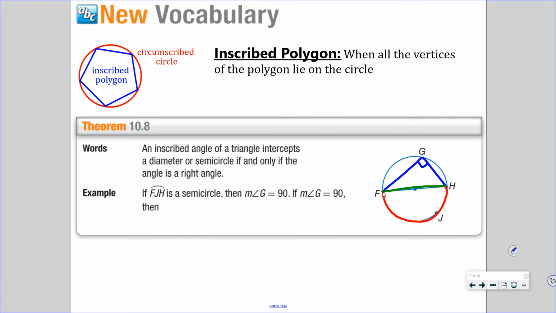Okay. So if you were to form a triangle, it's going to be a right triangle, and this side is always going to be the diameter. Okay? So if you know that inscribed angle is 90 degrees, then we know that arc is a semicircle.